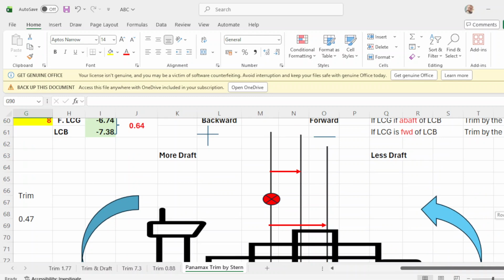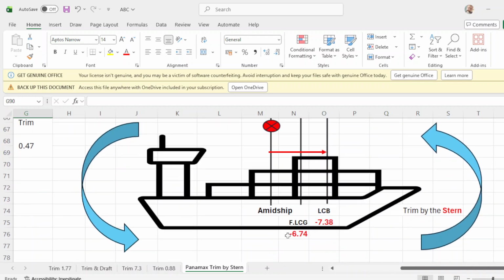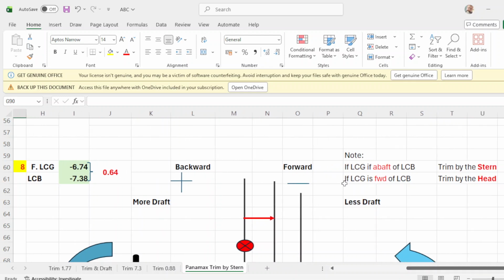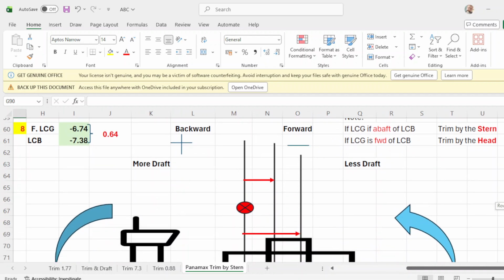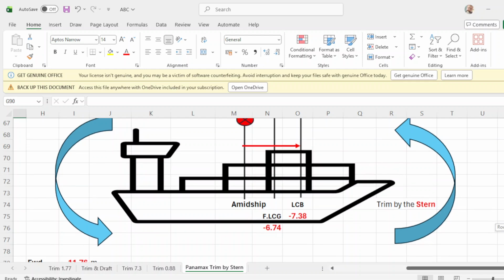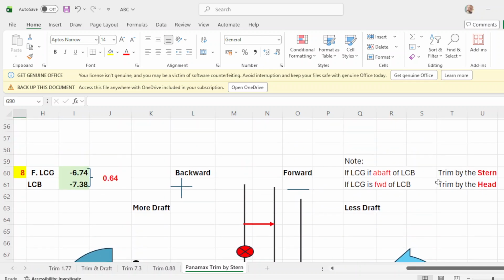Now take note that your final LCG is behind LCB, or above. So what does it mean? It means if your LCG is behind or above LCB, then you are trimmed by the stern.